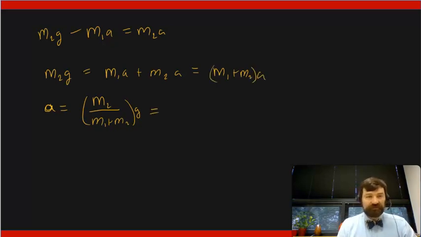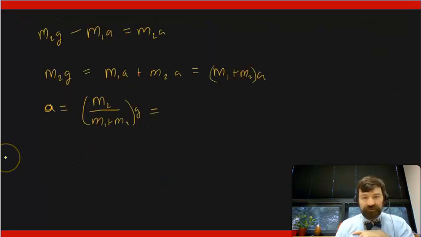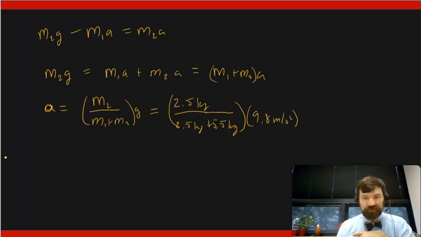Okay, so we come back over here, we have to look up what each of these masses was. m2 is 2.5, m1 was 5.5, both in kilograms, so we have 2.5 kilograms divided by 2.5 kilograms plus 5.5 kilograms. And then that is times 9.8 meters per second squared.